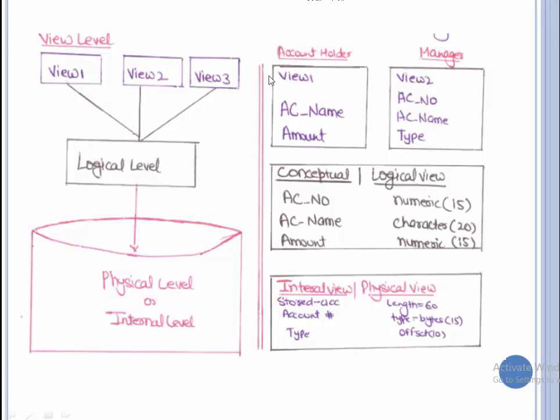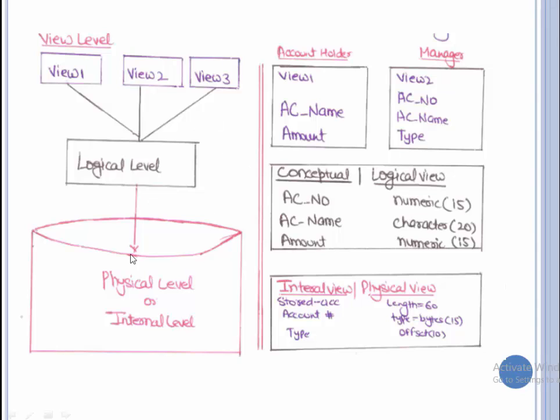And at the last, the user view level, the user just interacts with the system with the help of a GUI, that is a graphical user interface, and enters the details on the screen, but the user is not aware of what and how the data is stored in the database.